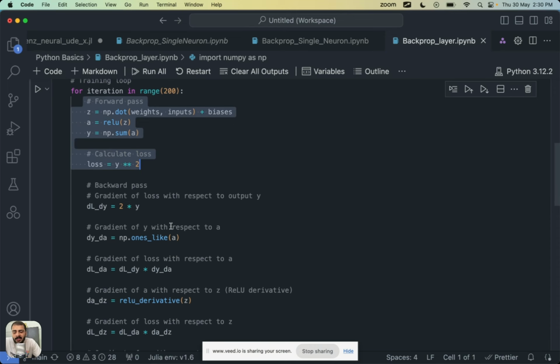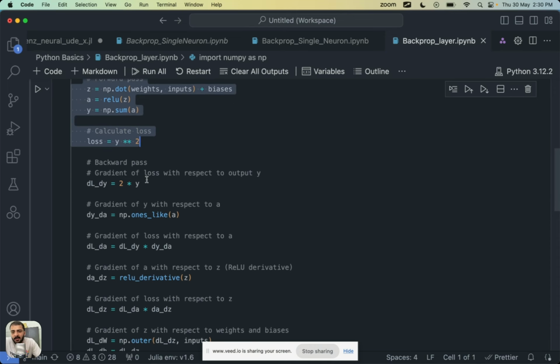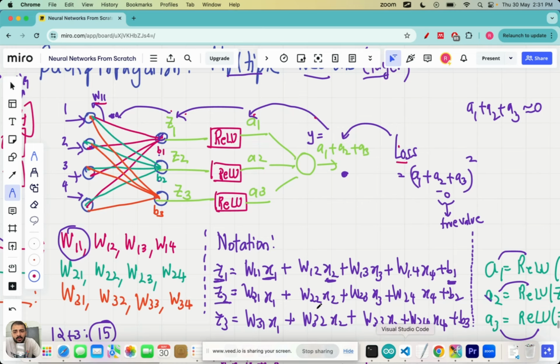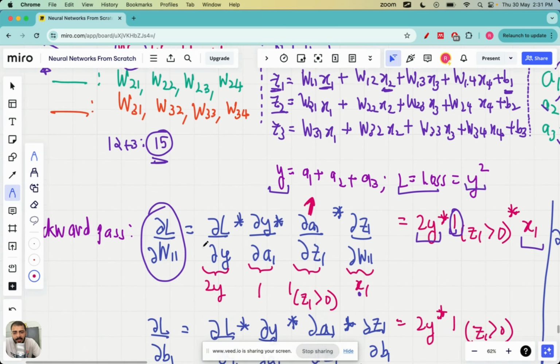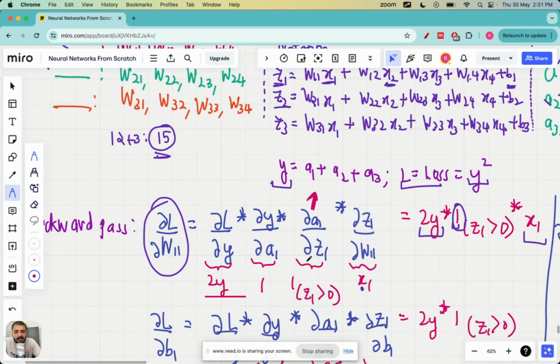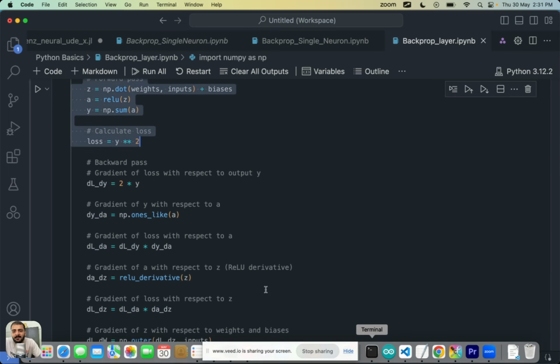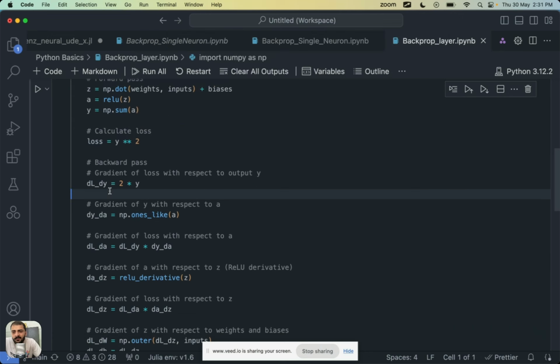Now we will be doing the procedure of the backward pass. Remember that in the backward pass we actually need the following quantities. We need 2y, we need the ReLU derivative, and we need the inputs x1, x2, x3, and x4, and we just need to multiply these quantities. That's exactly what's done here. First you compute 2y, which is the partial derivative of loss with respect to y.